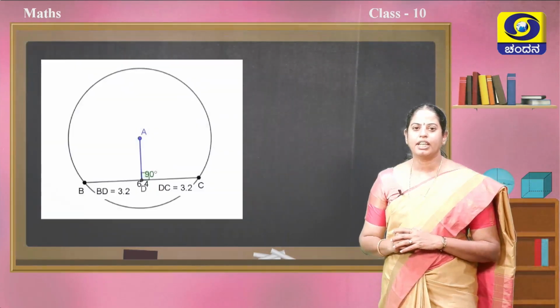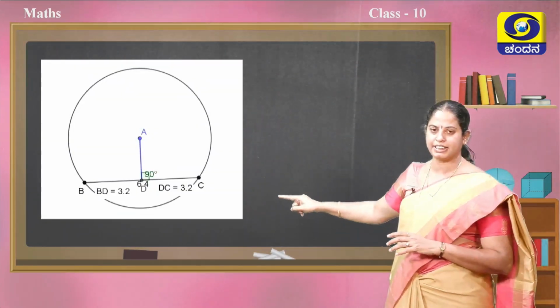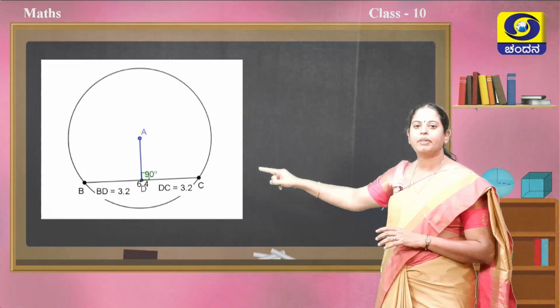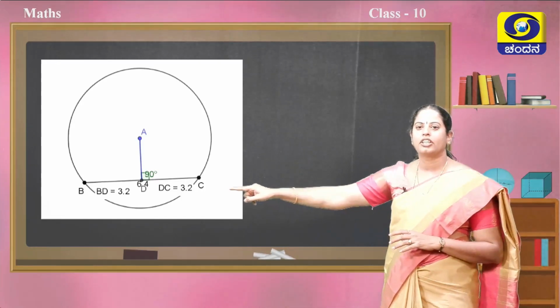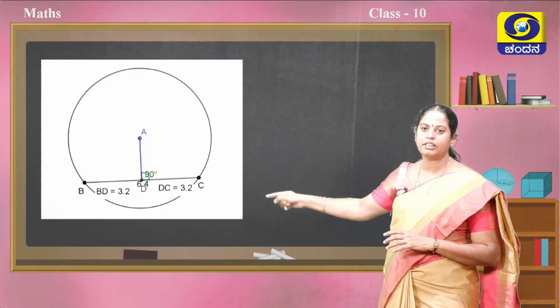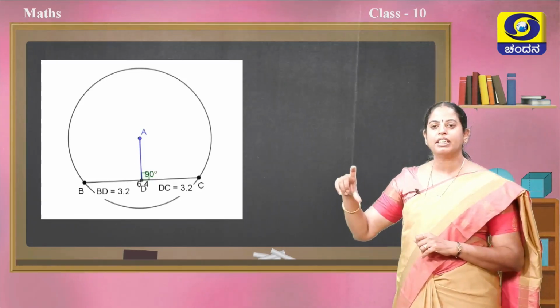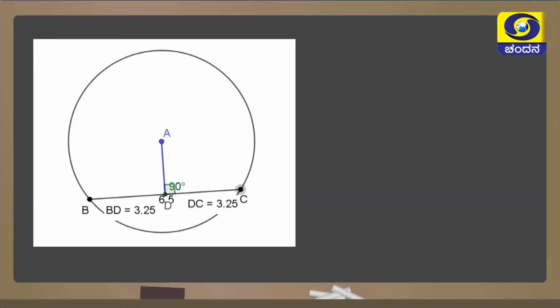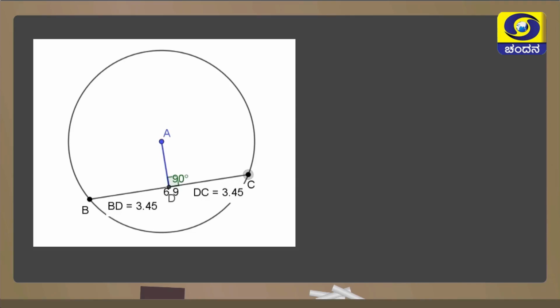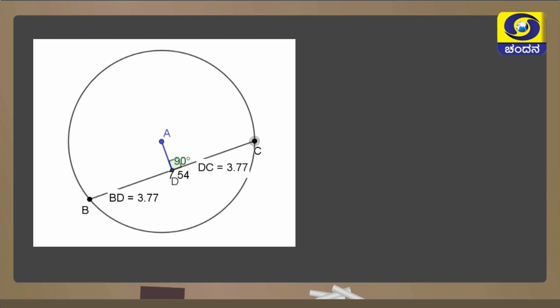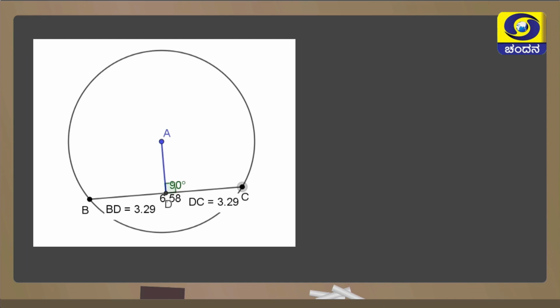Next, as we discussed, the perpendicular distance drawn to the chord. In the previous video, we discussed the length of the chord and the distance of the chord from the center. But now observe, when I draw a perpendicular line, how can I know that this is the perpendicular line? If you observe the angle, it is 90 degrees. AD is the perpendicular line drawn to BC.